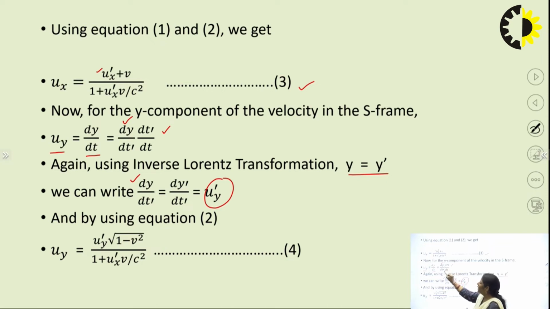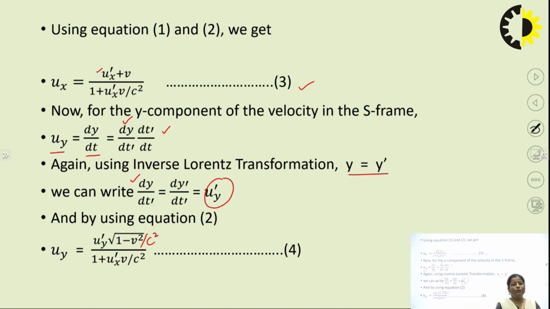And for dy by dt dash, we already have uy dash. So this is uy, and this is equal to uy dash times the square root of 1 minus v square by c square, upon 1 plus ux dash v by c square.